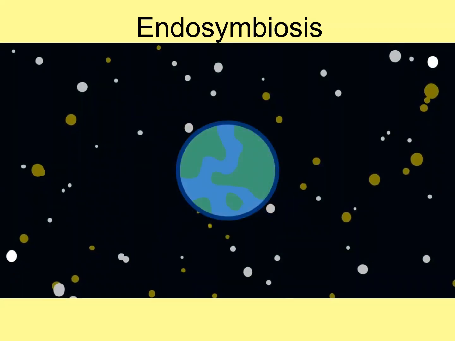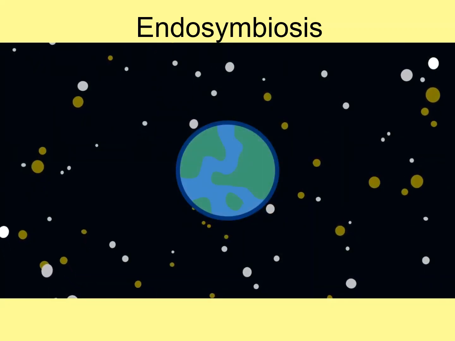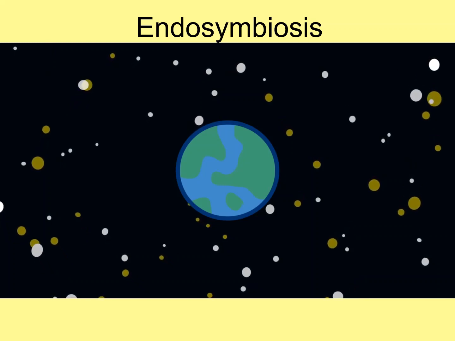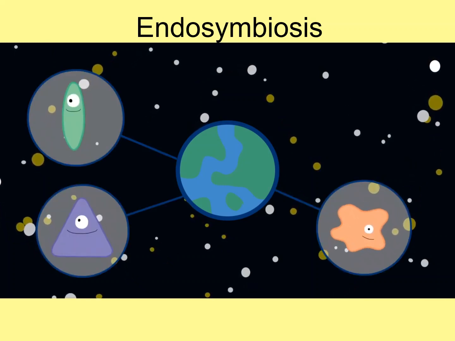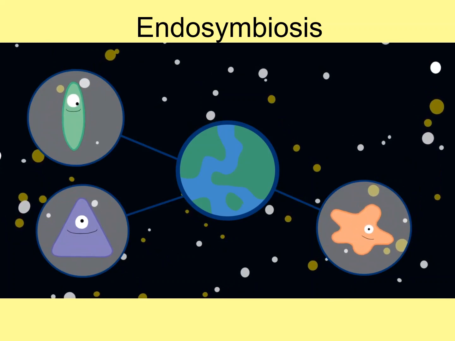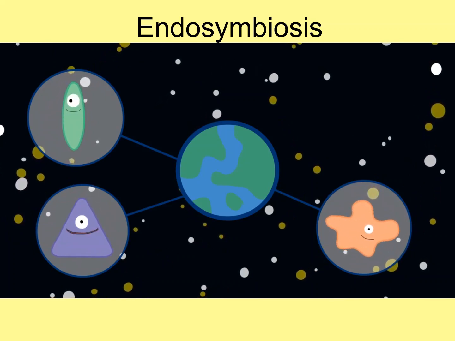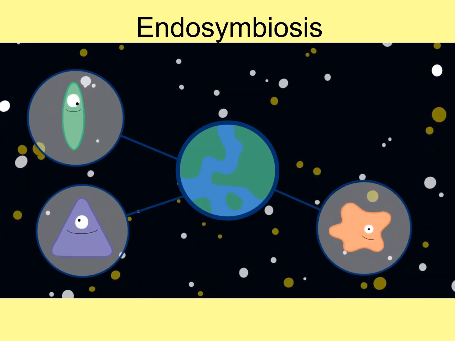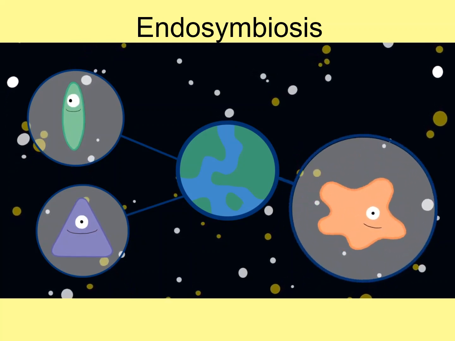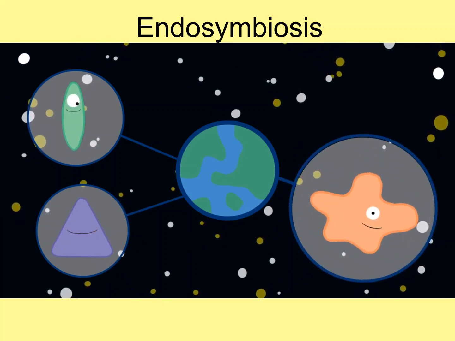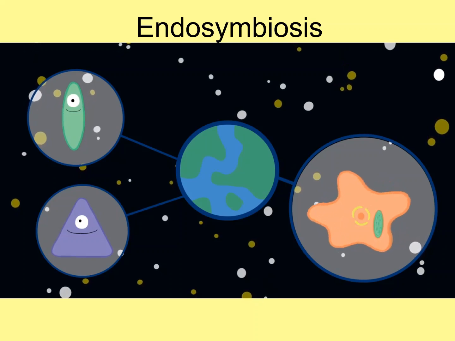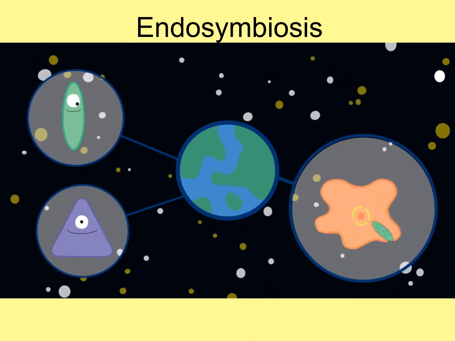We think that around 2 billion years ago, the only living organisms on Earth were prokaryotes, single-celled organisms lacking membrane-bound organelles. Let's look closely at just 3 of them. One was a big, simple, blob-like cell with the ability to absorb things by wrapping its cell membrane around them.